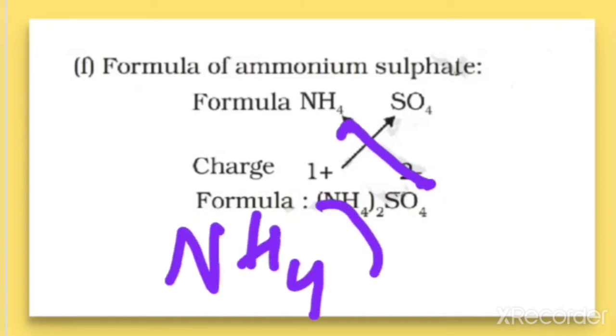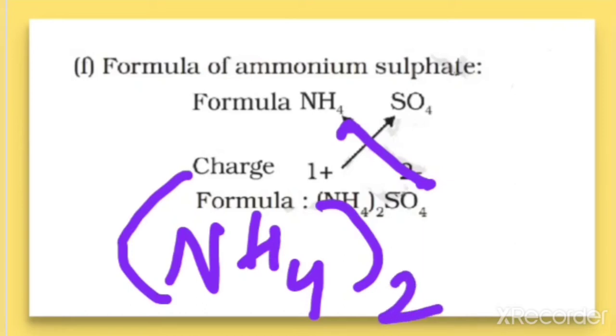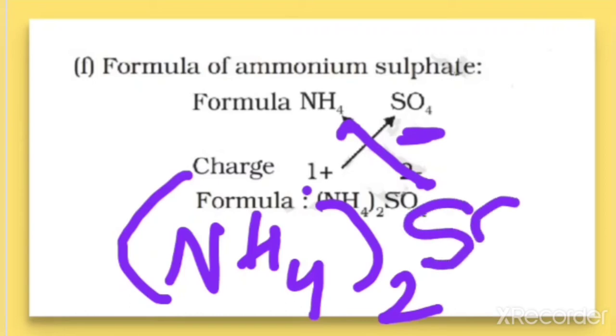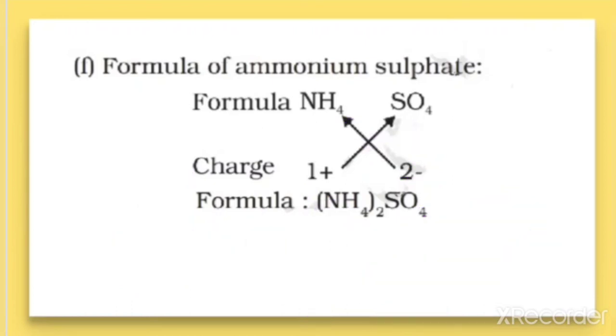So we need to put a bracket because the number 2 goes for NH4, so we write 2 here. Then for SO4, the number is 1, and I told you there is no need of a bracket, so we directly write SO4. So the formula becomes (NH4)2SO4. This is the formula for ammonium sulfate.